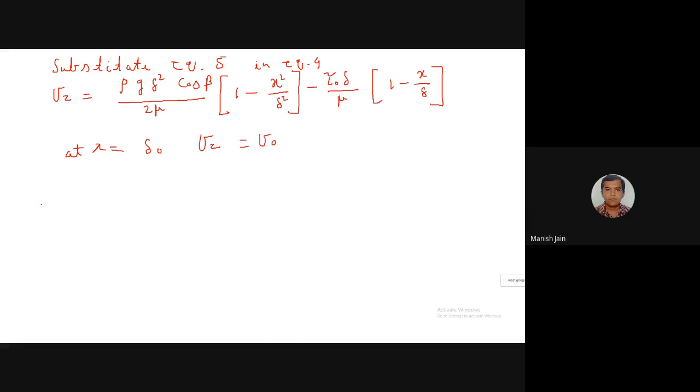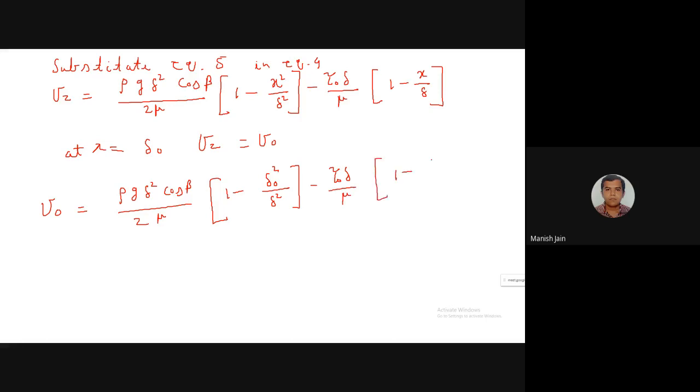So V naught equals rho g delta square cos beta divided by 2 mu, in bracket 1 minus del naught square divided by del square, minus tau naught del divided by mu, in bracket 1 minus del naught by del.